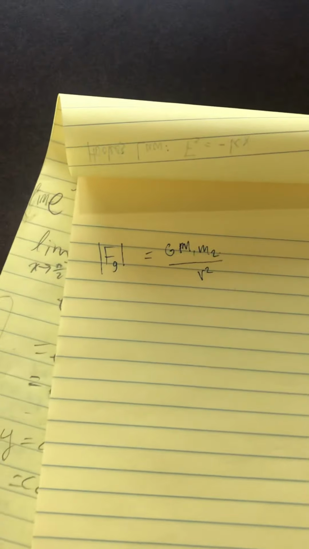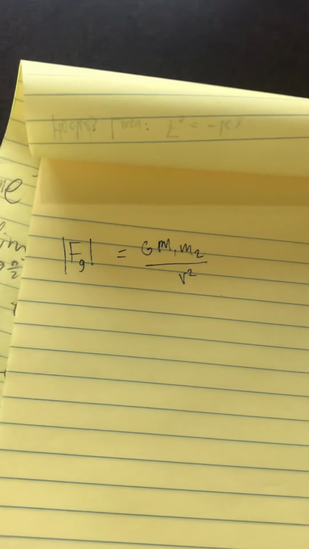So to solve this problem, we're going to start with our equation from Newton's law of gravitation, and then for force of gravity, we can simplify it, so it'll end up looking like this.